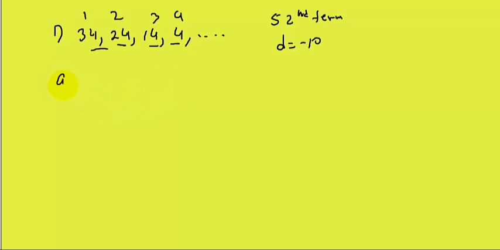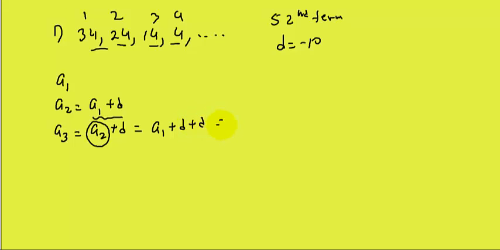The first term of an arithmetic sequence is a sub 1. The second term is just the first term plus a difference. And then the third term is the second term plus another difference. But a sub 2 is that, so you're going to get a sub 1 plus 2 differences.